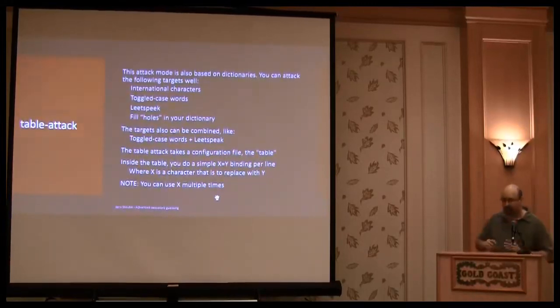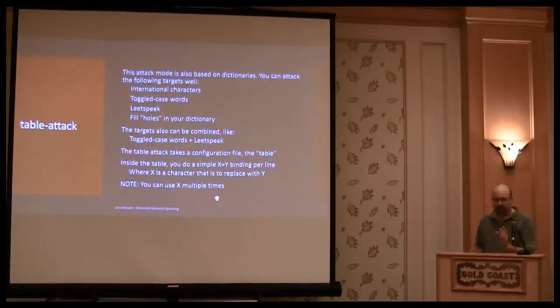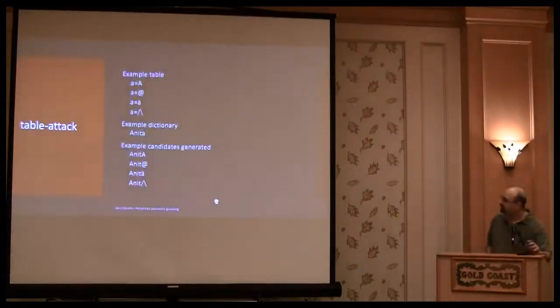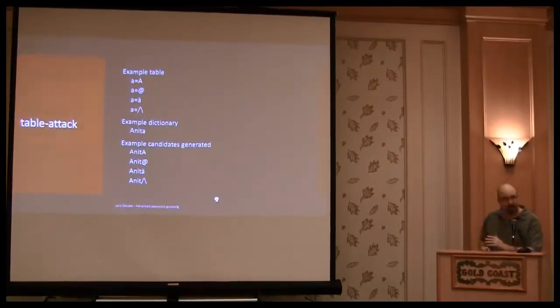The table itself, the configuration of the table, is very simple. You have one char on the left side, you have n chars on the right side, and for every char you have on the left side, it produces the number of candidates on the right side.